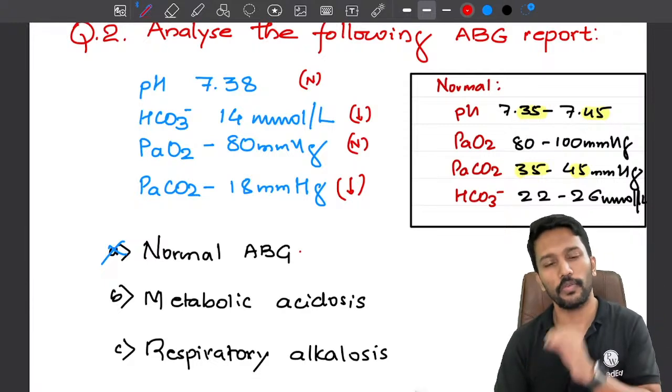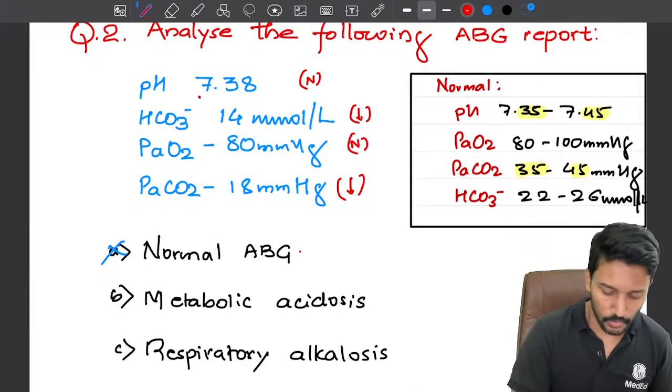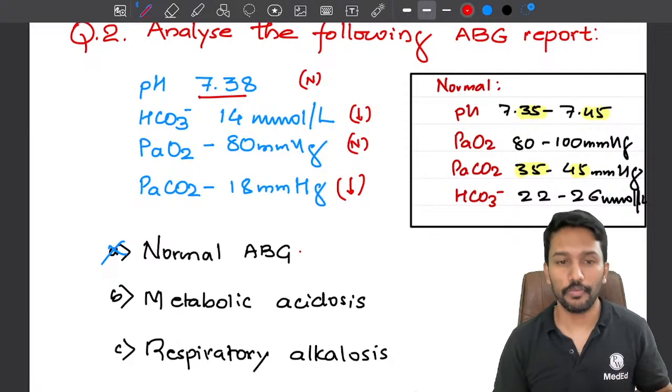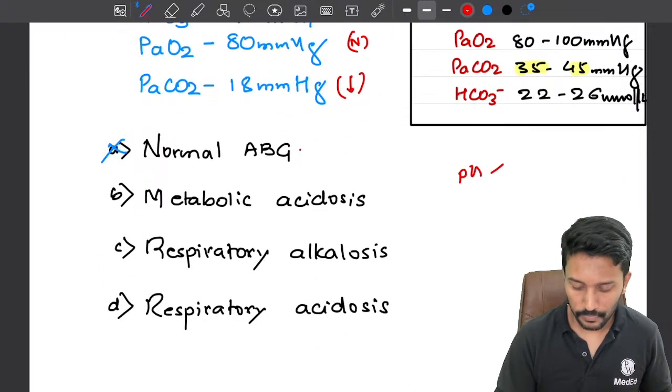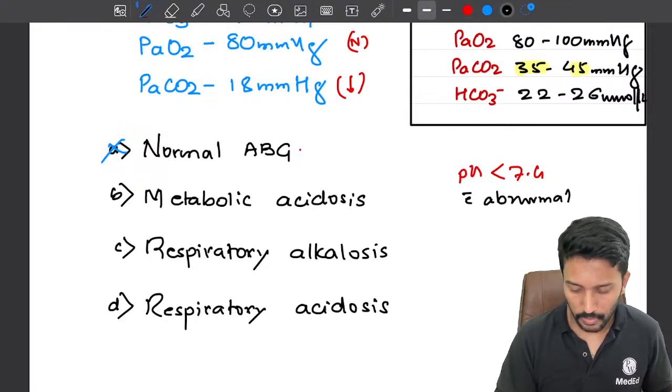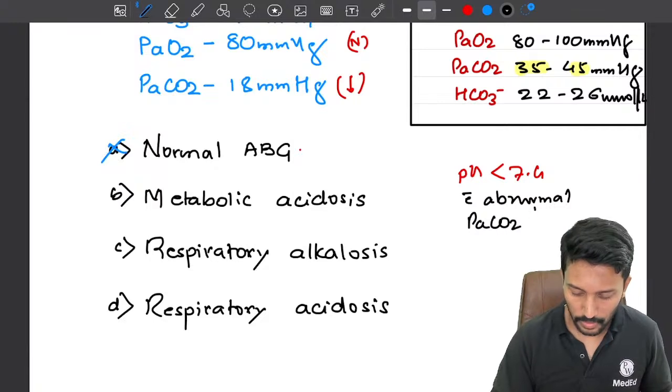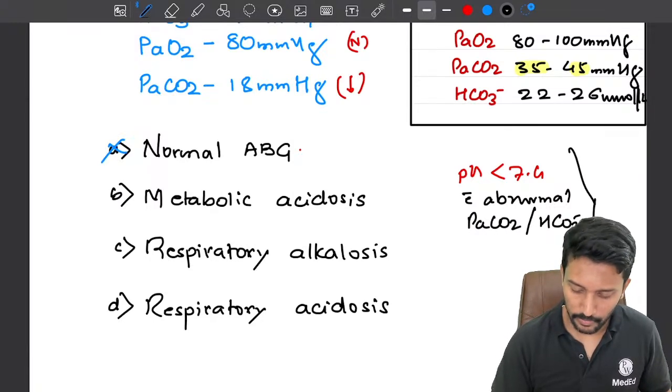More than 7.4 we will call it alkalosis. So here the pH is less than 7.4. So that becomes a clear-cut case of less than 7.4 with abnormal PaCO2 and HCO3. So in that case less than 7.4 becomes acidosis.